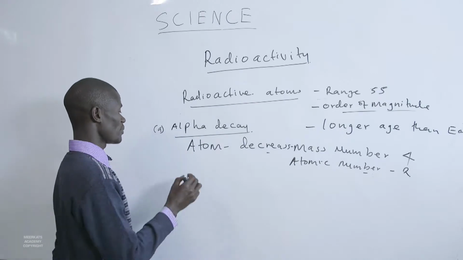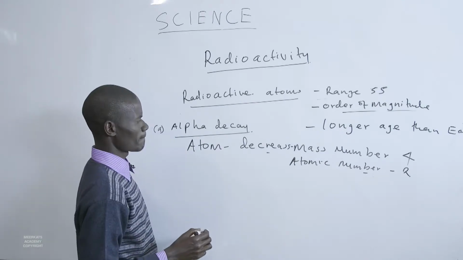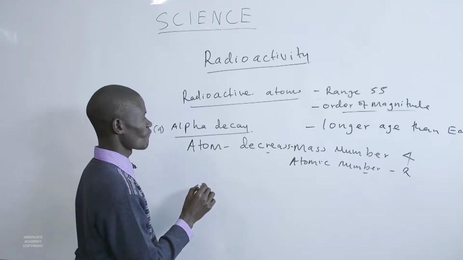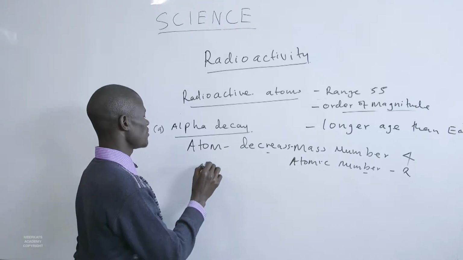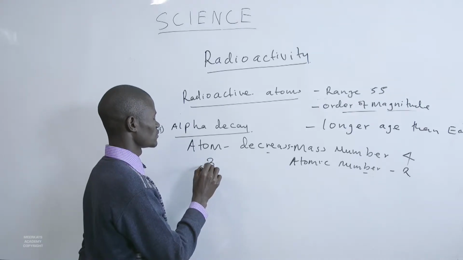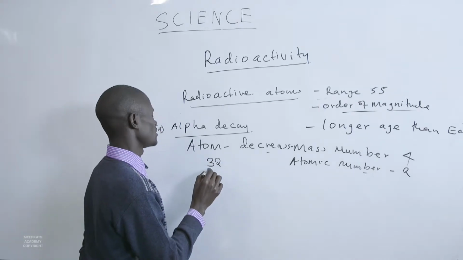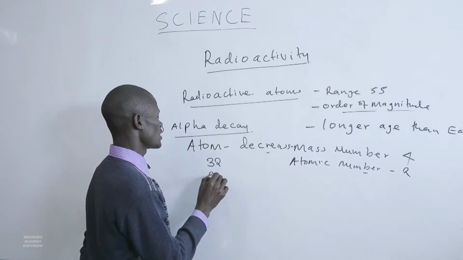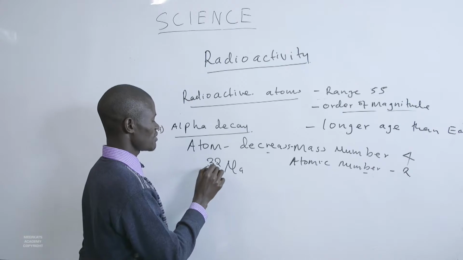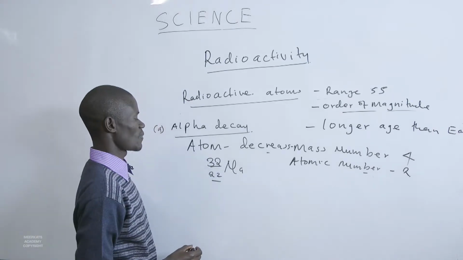Therefore, for example, take sodium with mass number 32 and atomic number 22. This is the mass number and this is the atomic number.